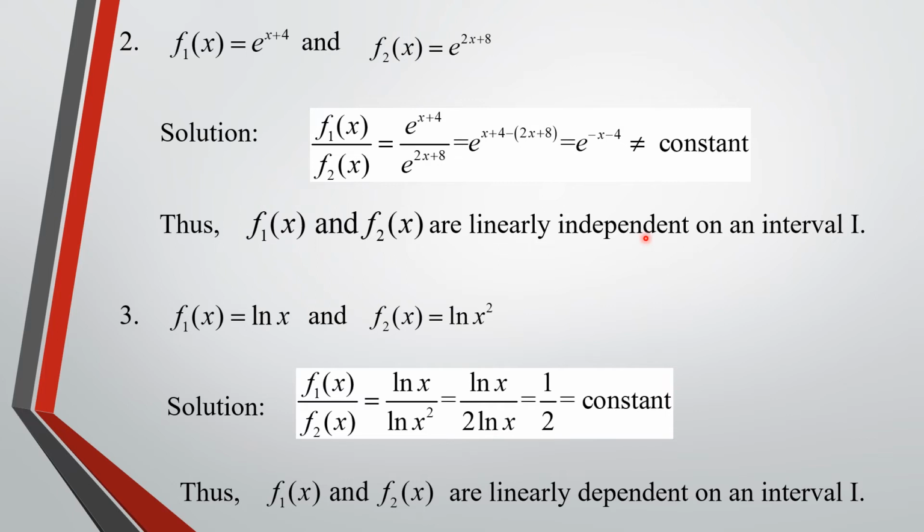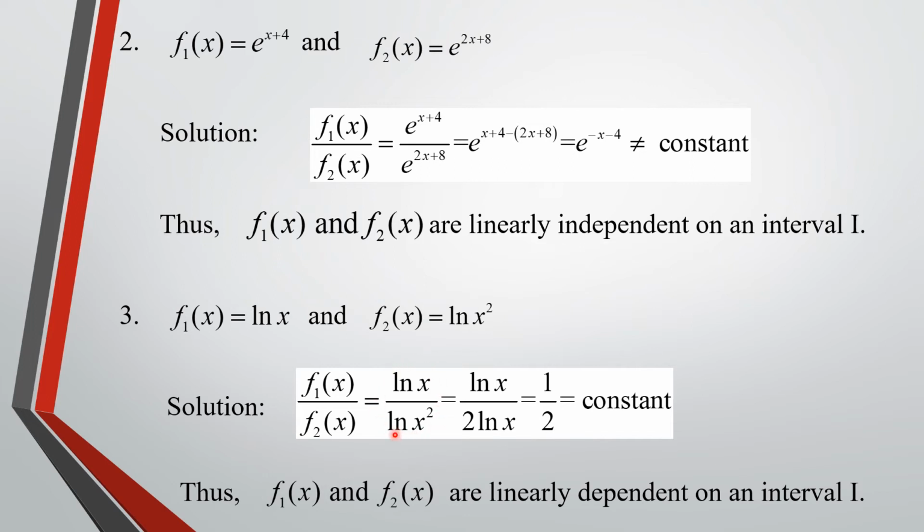Example number 3. f1 is equal to ln x and f2 of x is equal to ln x squared. Taking f1 over f2, now f1 is equal to ln x and f2 is equal to ln x squared. Once we have written down the quotient, let us simplify whenever possible.